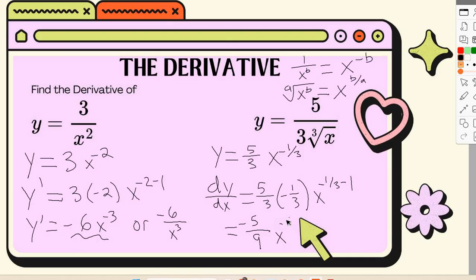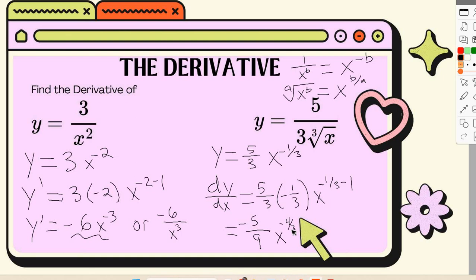Negative 4/3. Yeah, usually if we're going to write it as an exponent, we're going to write it as an improper fraction. So yeah, we would subtract 3/3, right? So negative 1/3 minus 3/3 gives us negative 4/3.